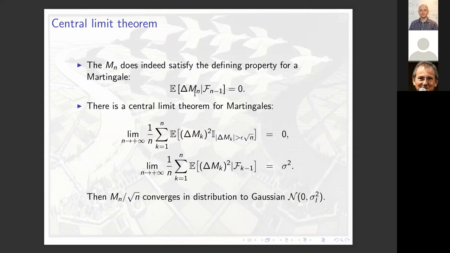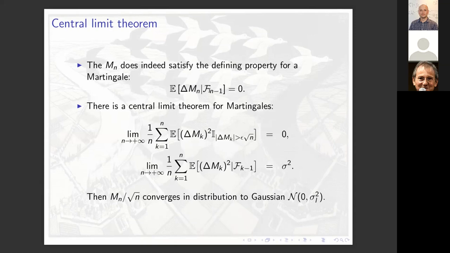So if you take delta M, some sort of change in this martingale, some sort of change in this random process, and take the expectation value of that, given some filtration at n minus 1, you can show that this expectation value is 0. How I at least think of this filtration is that, given all the knowledge of all the past history of what this random process has done, that's summarized by this filtration, right?